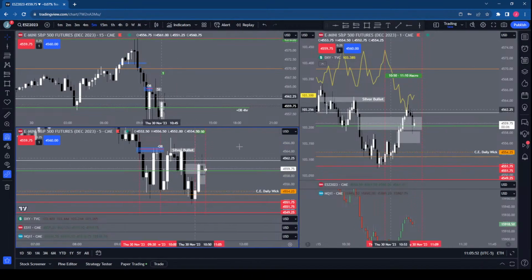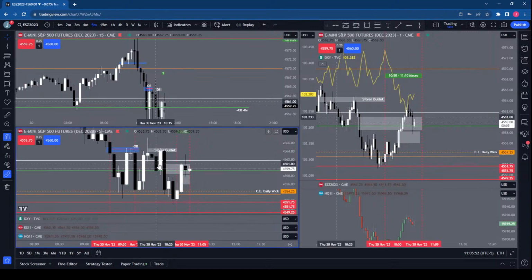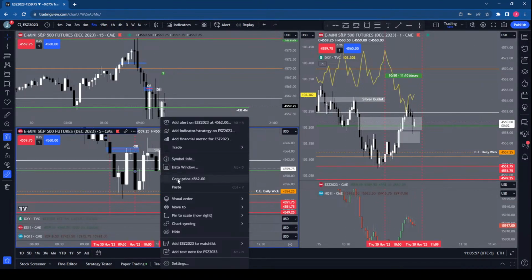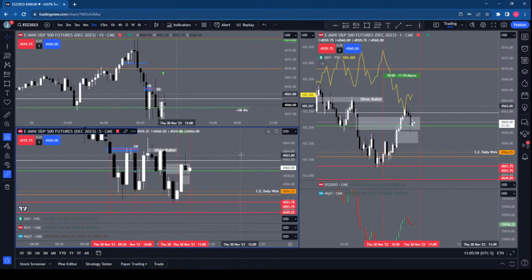I really just want to know where the draw on liquidity is. It's kind of my main interest in staying on.